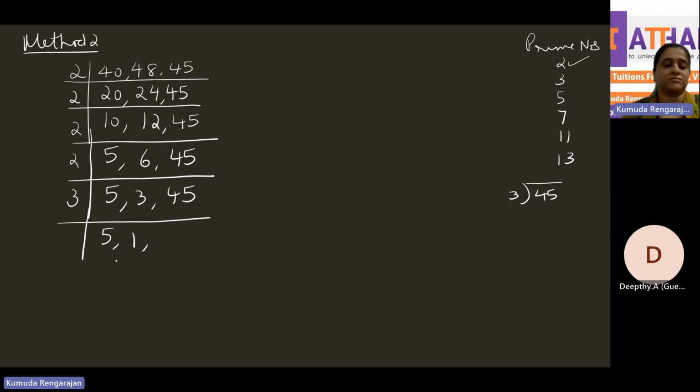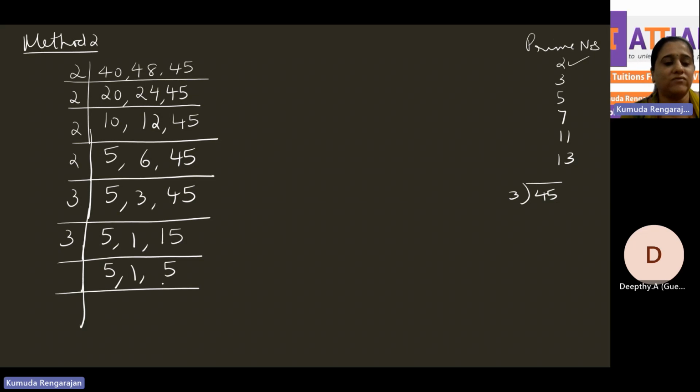How many times? 15 times. Now can we take 3 again? Yes, ma'am. You must take 3 because 15 is divisible by 3. 5 is not divisible, so write 5 as it is.